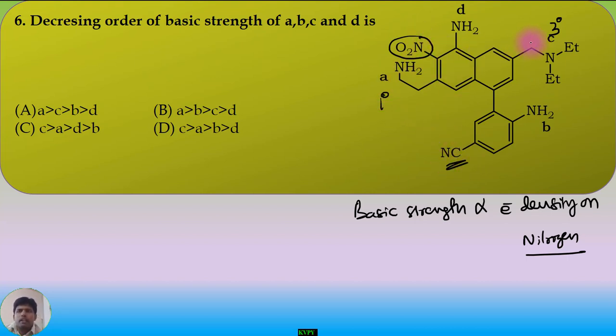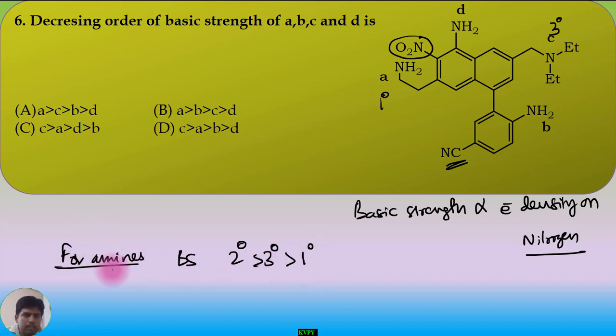So if we decide among A and C, then it's almost solved actually. So we know for amines, basic strength is secondary, then tertiary, then primary. This is for aliphatic amines. The secondary should be most basic, then it should be tertiary, then primary.